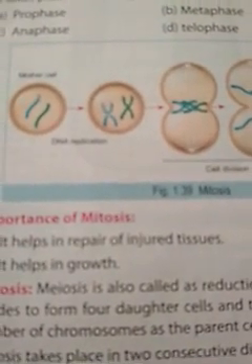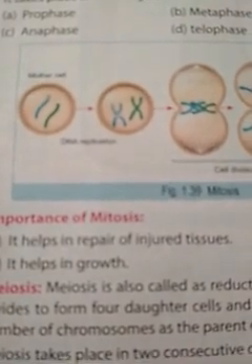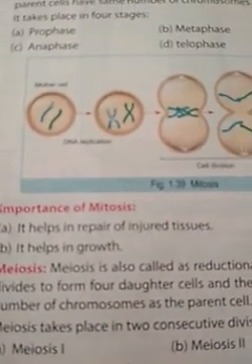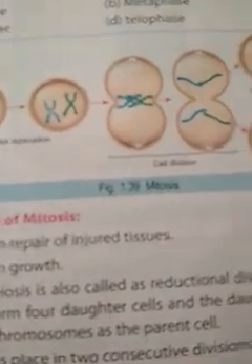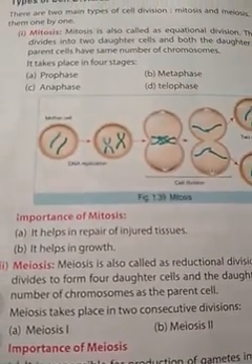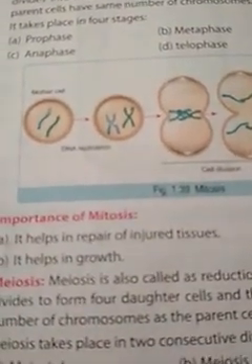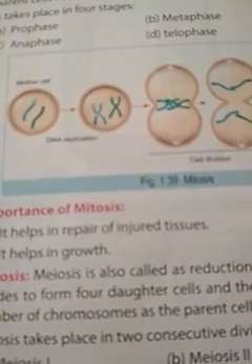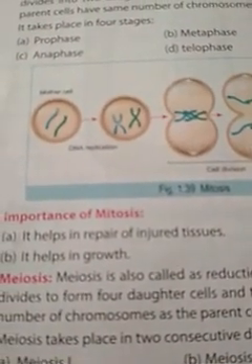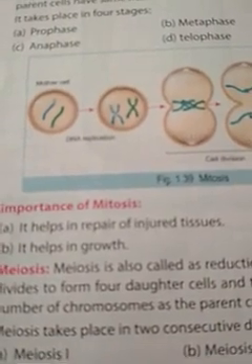If you consider the full number as 2n, then in mitosis the daughter cells will have 2n chromosomes, while in meiosis the daughter cells will have n chromosomes. And my dear students, these two types of cell division have four stages: prophase, metaphase, anaphase, and telophase.